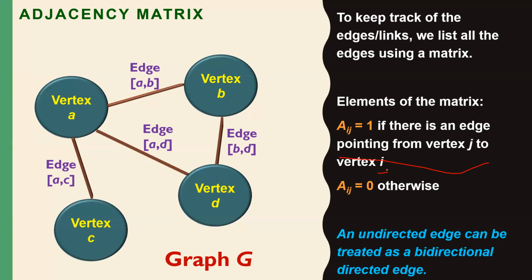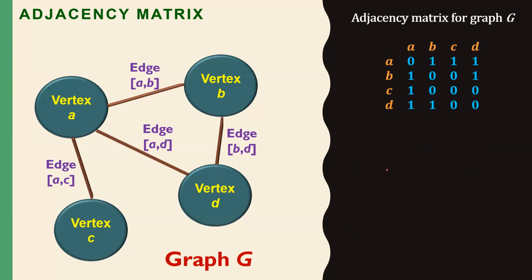So let's look at a particular illustration here. For instance, this is the adjacency matrix for the graph you see on the left. These are the blue numbers. It's a 4x4 matrix, so it's a square matrix with n rows and n columns, because each of the rows and the columns represents one of the vertices.